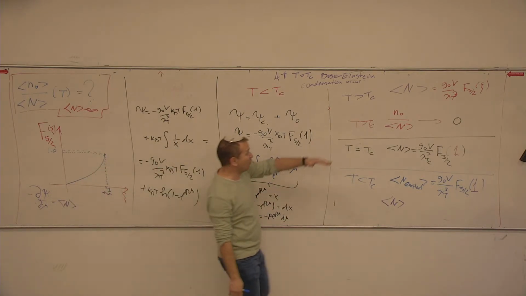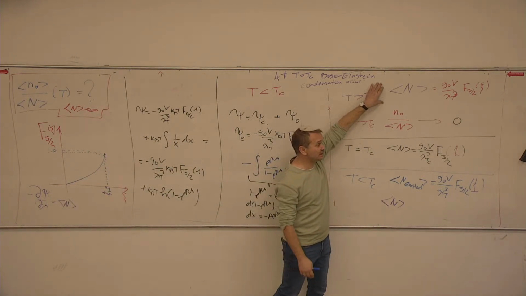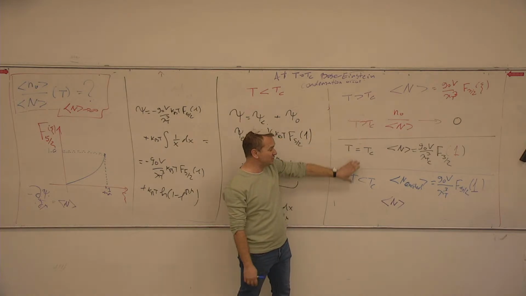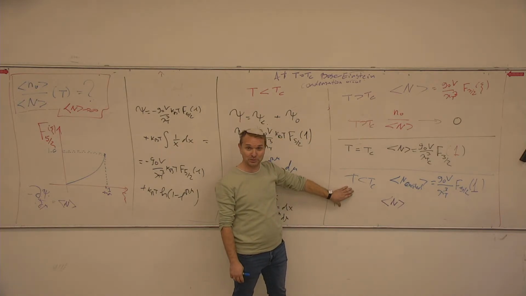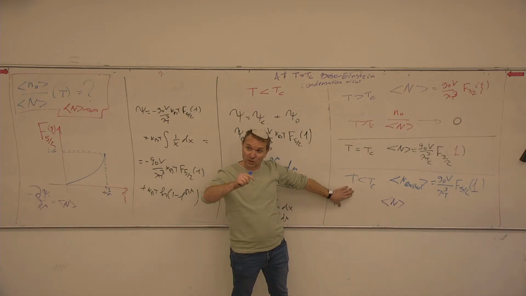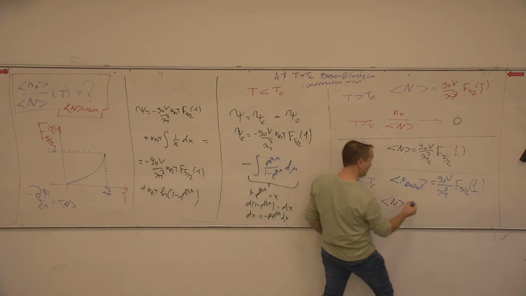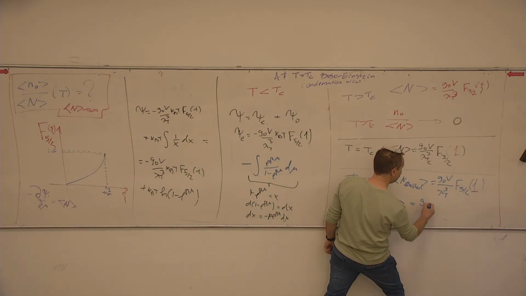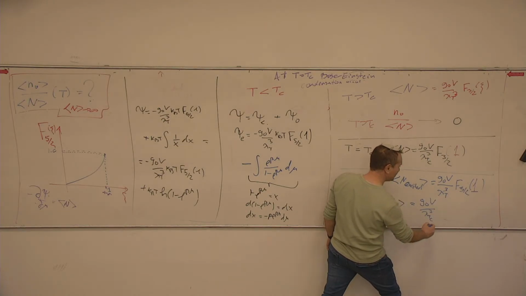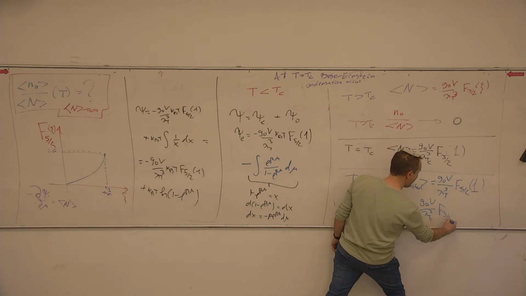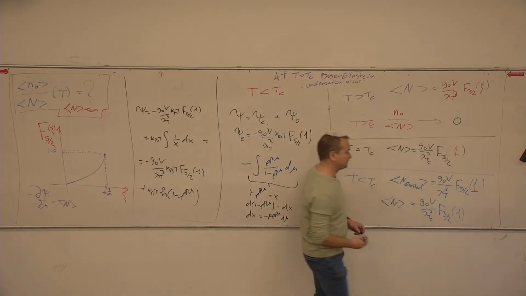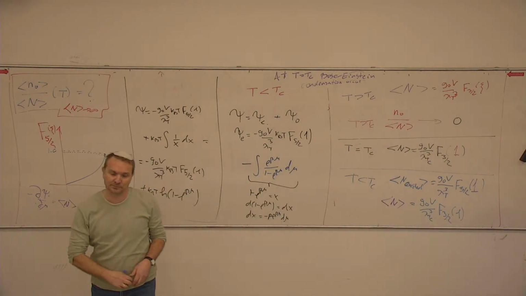It's the same for high temperatures, it's the same for the critical temperature, and it's going to be the same for the low temperatures, because this is what we control. We control particles. We do not control the chemical potential. So n is G0 V over lambda Tc to the power 3 times f 3/2 of 1. This is what we have.